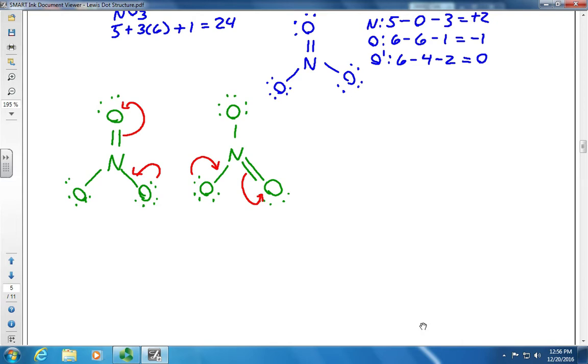We get our next form of resonance. And of course, we would have arrows to show that this can come over here and these can go down there.